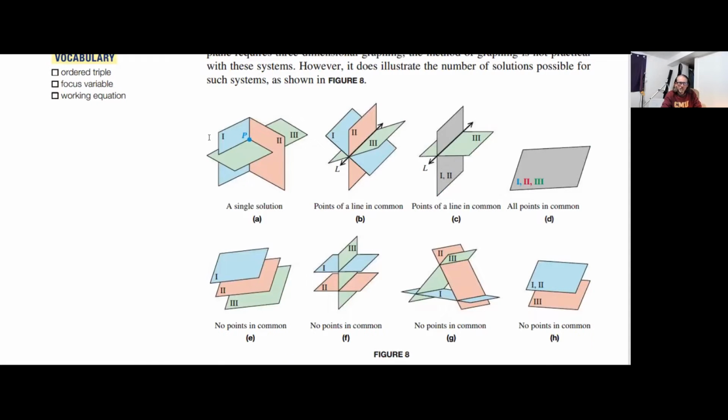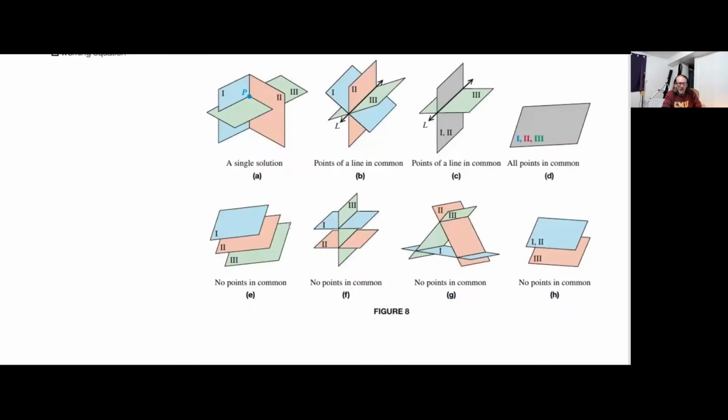A single solution, or you could have two walls and then a piece of paper. Let's say you have your walls meeting right here, and then a piece of paper coming in at an angle like that. They would be intersecting at a line, so infinitely many solutions. You could have parallel planes, or two parallel planes and one slicing through them, etc. Still, this is all boiling down to those three cases: one solution, zero solutions, or infinitely many solutions.